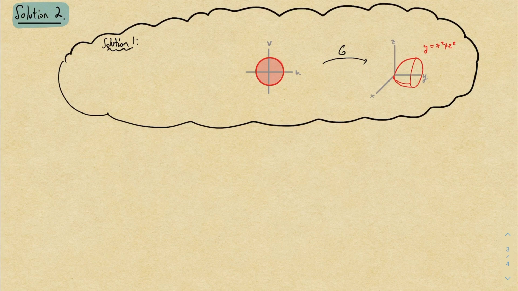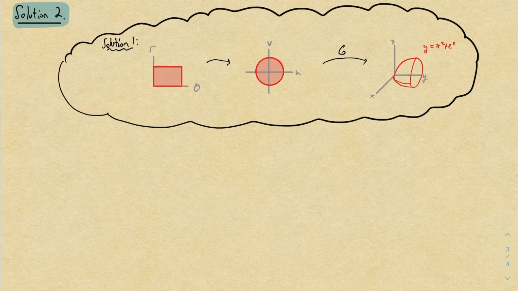Then we did our thing and we set up a double integral, but then we had to change variables again. In order to evaluate it, we had to make a polar coordinate change. So there's kind of another step here from the r theta world via a polar coordinate change map to the disk. Then from the disk to the surface via G.